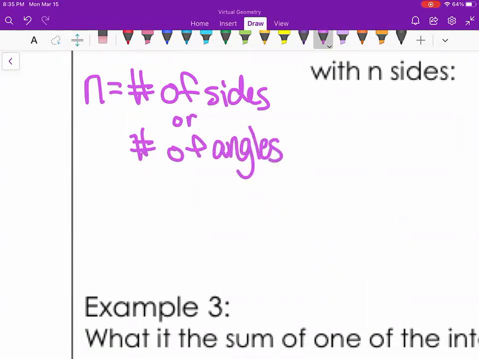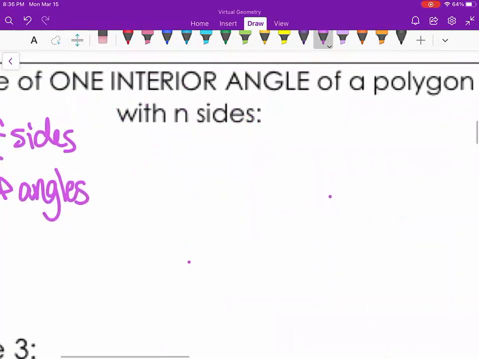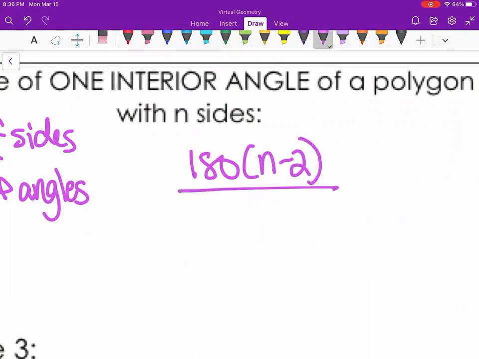Because again, the polygon has the same number of sides that it does angles, just like a triangle has 3 sides and 3 interior angles. So what we're going to do is use that same formula we saw earlier to get the total inside, which is 180 times n minus 2. And then I'll go back and divide that again by n. Because again, the number of sides and number of angles are the same.